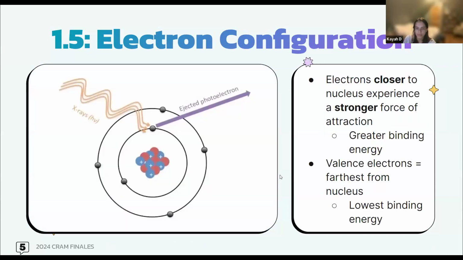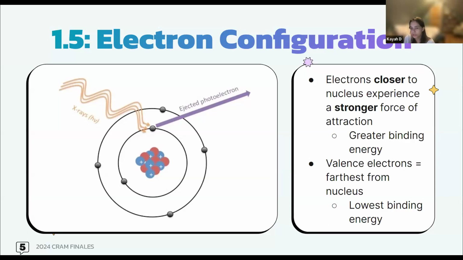And then we have the electron configuration, going over what I said before with electrons' distance and relative strength. Remember, if the electron is further away, the nucleus exerts a lower attractive force. On the other hand, if the electron is very close to the nucleus, it has a stronger force of attraction.